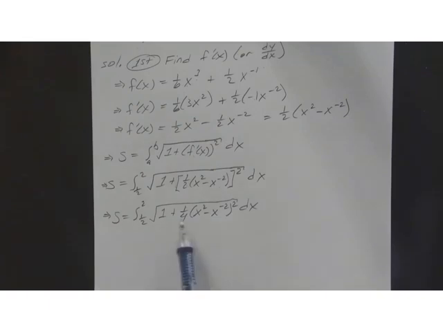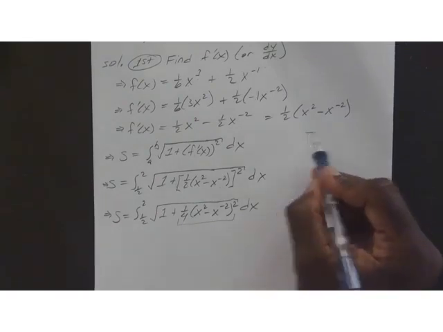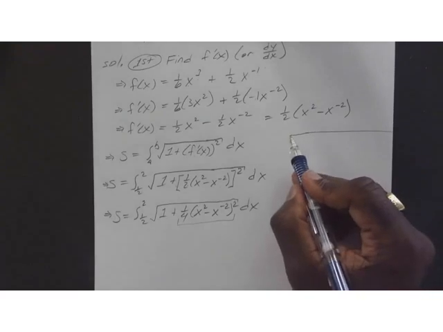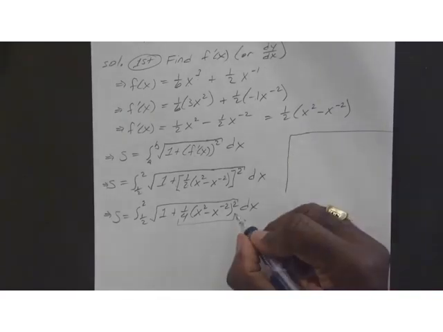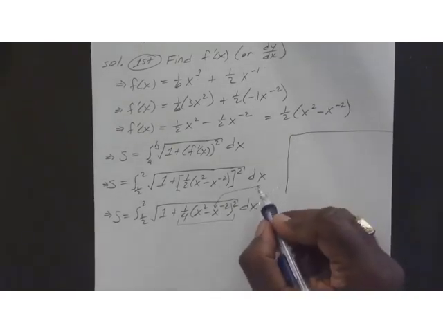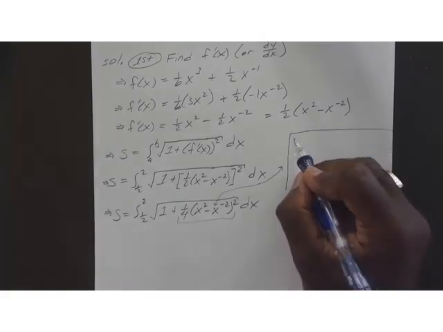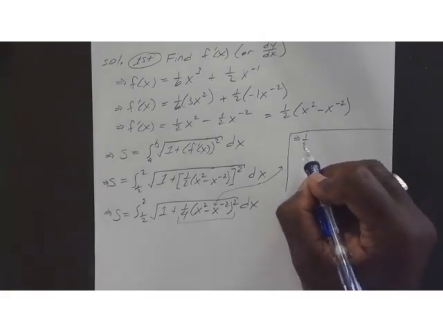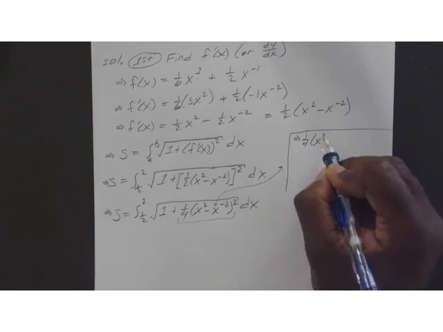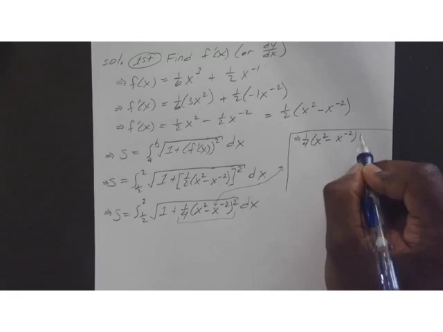Okay, we can kind of simplify this term. We're going to put a little arrow there. So we have 1/4 times x squared minus x to the negative 2 power squared.